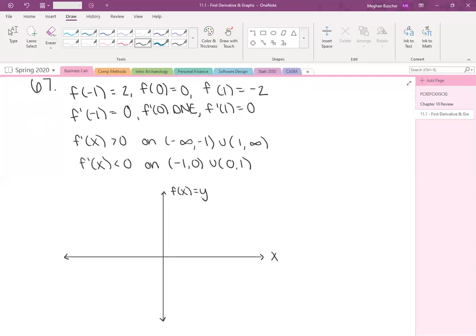Now we want to increment our axes. What do you think we could increment by? 1. Perfect, 1, yeah. And I'm just gonna label every other one to save some time.